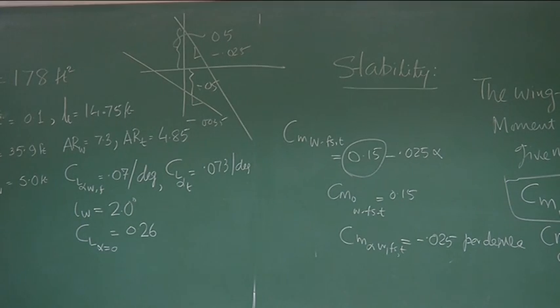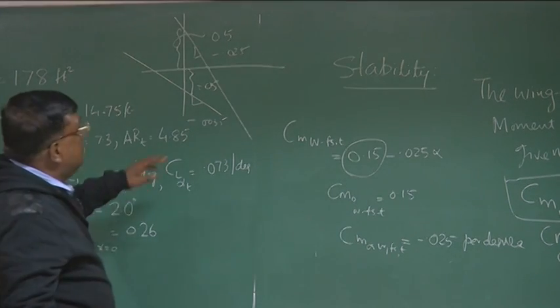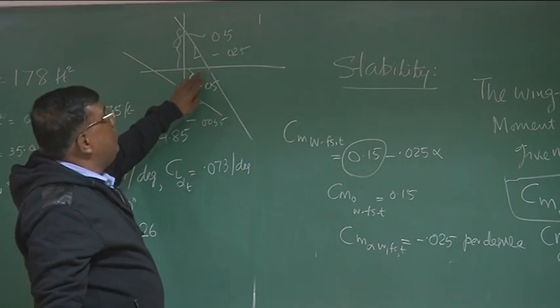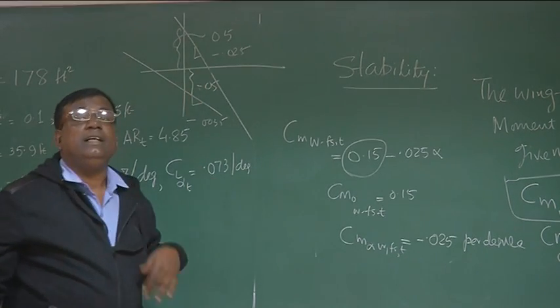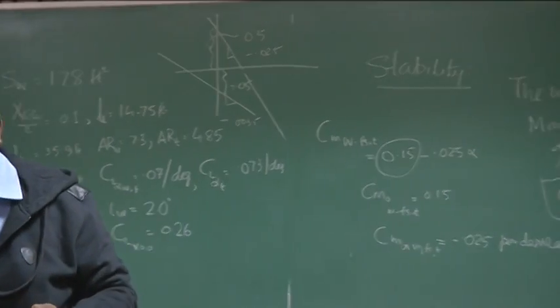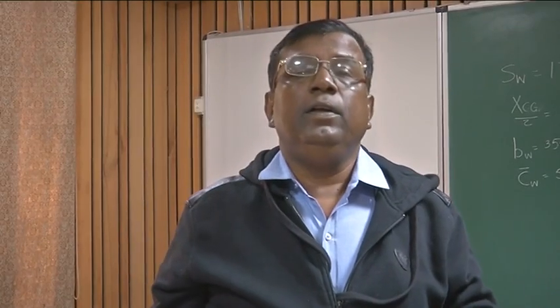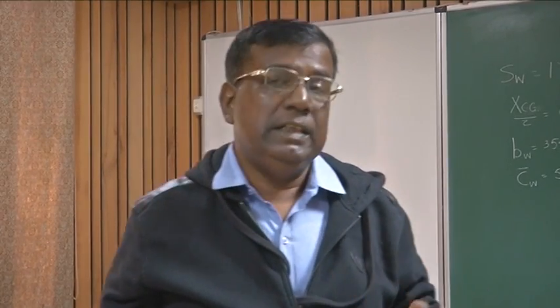Okay? So not only are we changing the Cm naught value to get a positive alpha trim, but we also have to make it more statically stable. That is the problem. Who will do that? We all know the primary role is of the tail, the horizontal tail in this case.